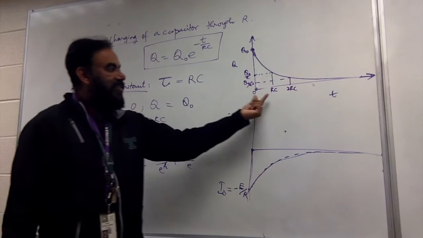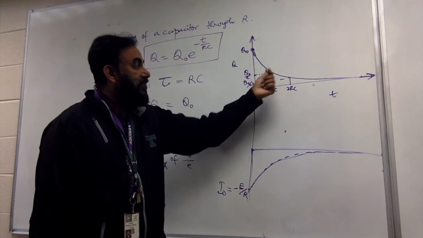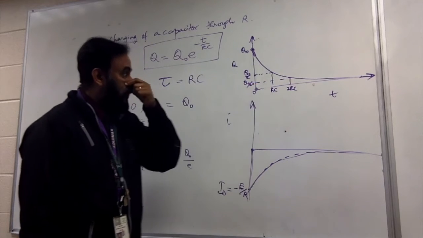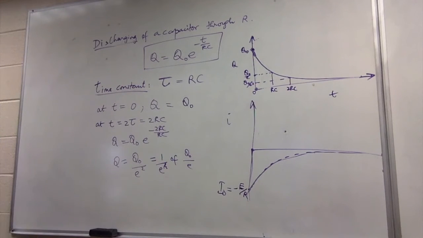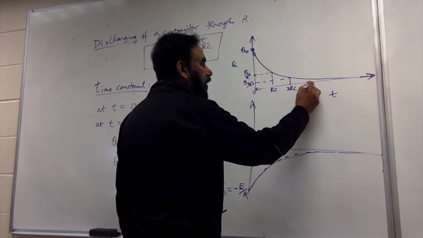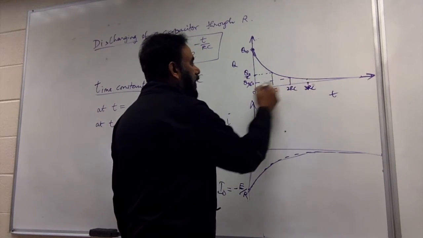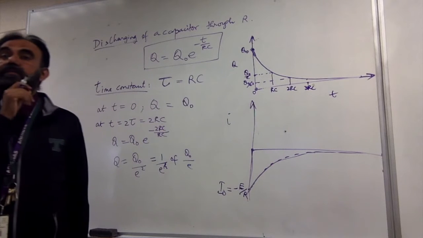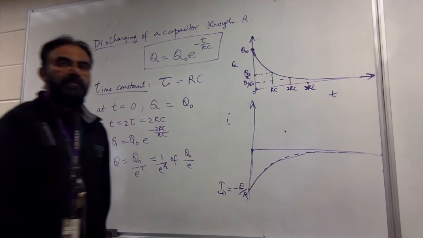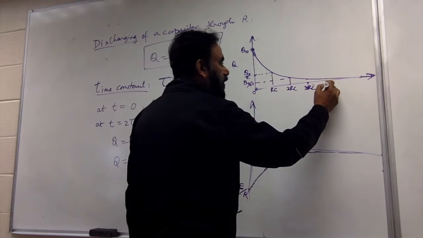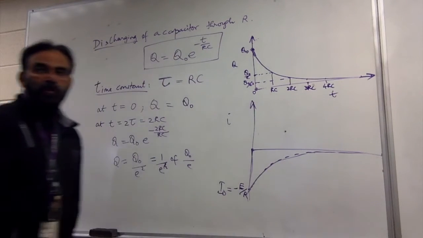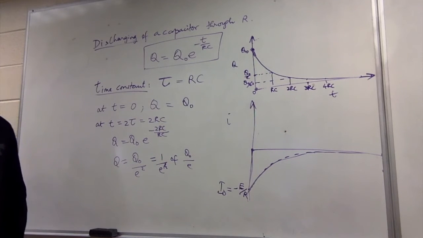So for 1 RC, it drops from here to here. For 2 RC, it drops from there to there. And you know what's going to happen after that. After 3 RC, it's going to be Q naught over e to the third. And after 4 RC, it's going to be Q naught over e to the power of 4, and it keeps going like that.